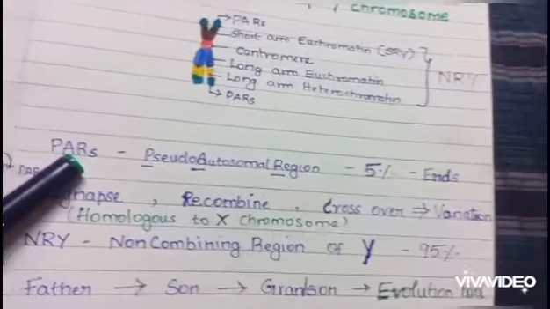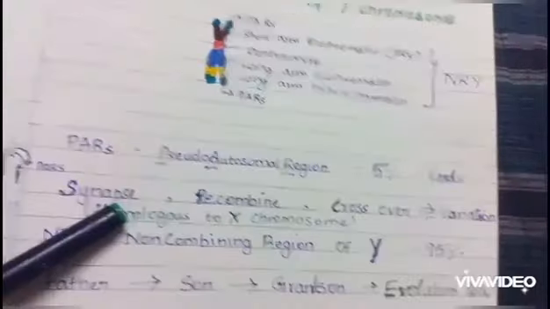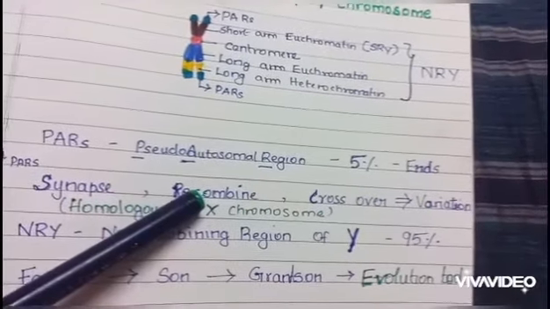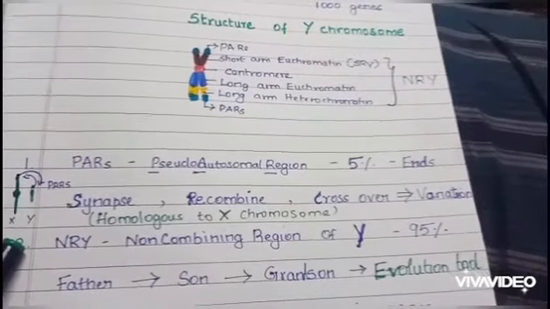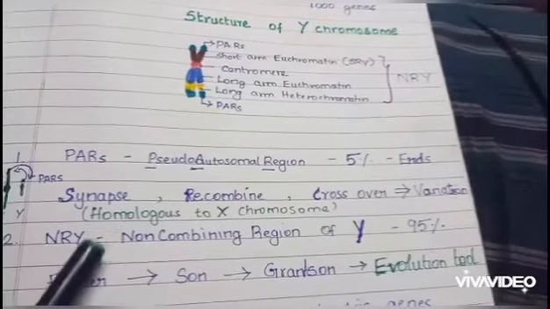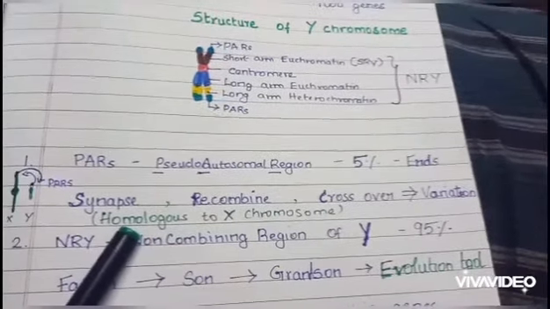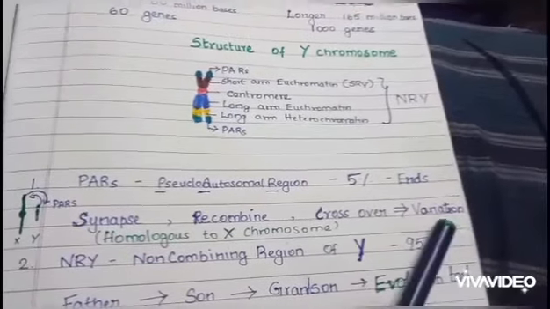The pars regions of the Y chromosome can synapse or recombine only with the pars regions of the X chromosome during cell division. The pars regions of the X and Y chromosomes are homologous, meaning they have the same genes in them and hence can recombine to produce variation in the offspring.